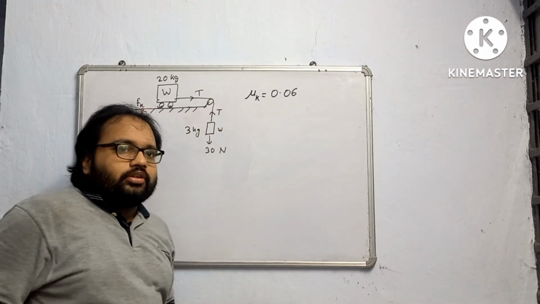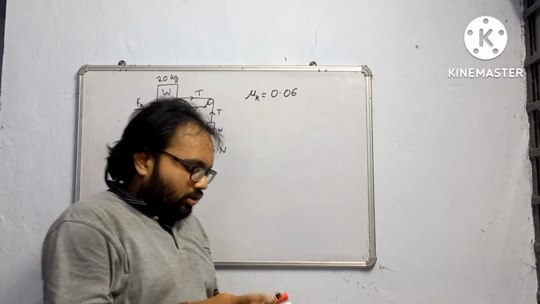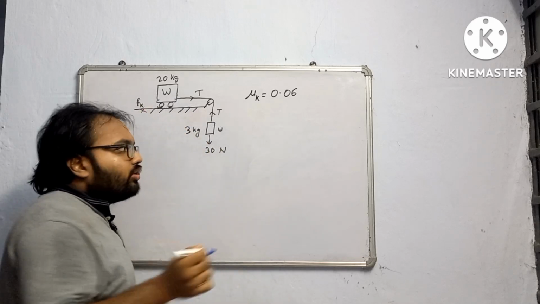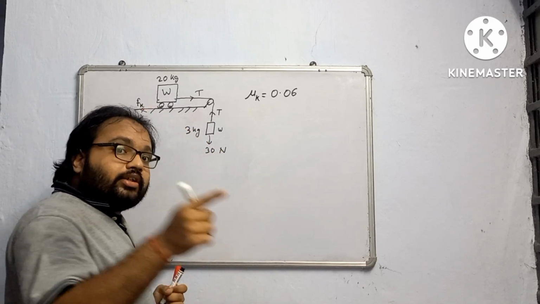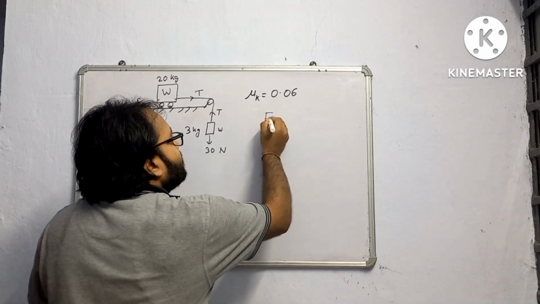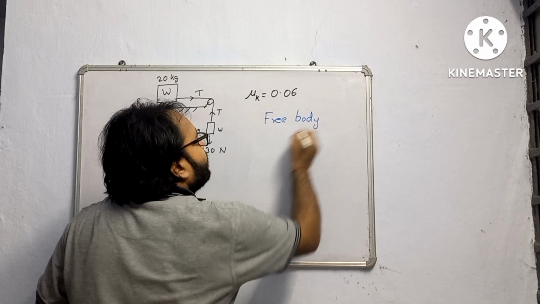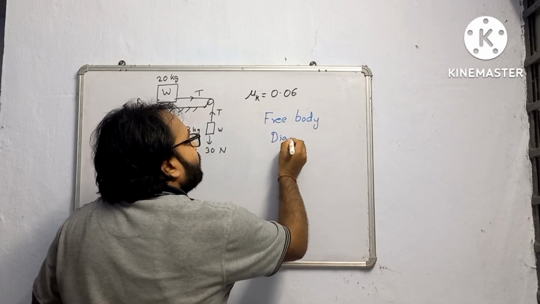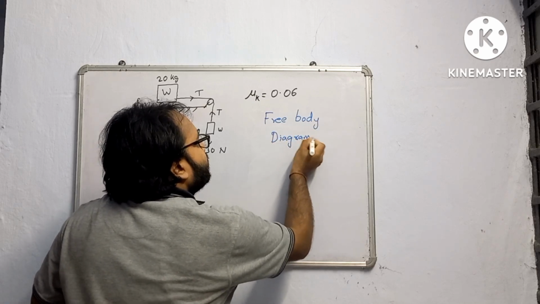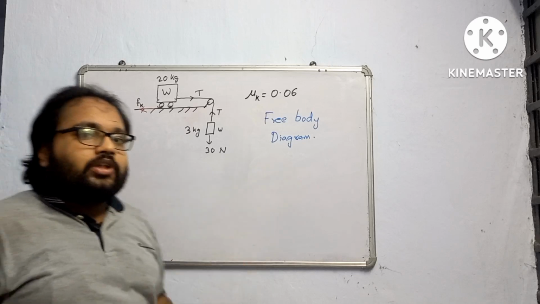How to do this question? You must have learnt in class 11 a word, free body diagram. Do you remember? I think when I tell you, you will remember. What happens in a free body diagram?